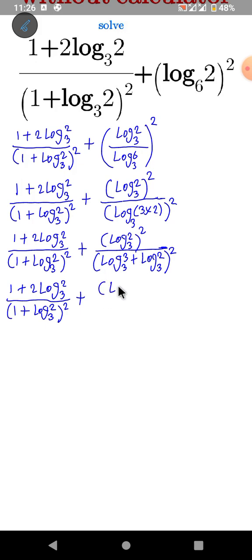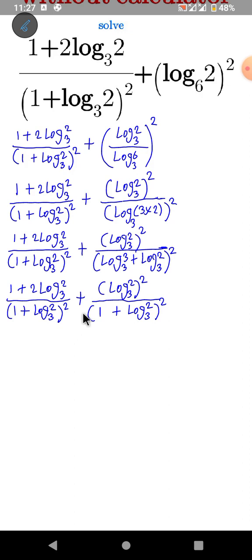So here log 2 base 3 all raised to the power of 2 all over open bracket again, log 3 base 3 is what? 1. We have 1 here, then plus log 2 base 3 all raised to the power of 2.